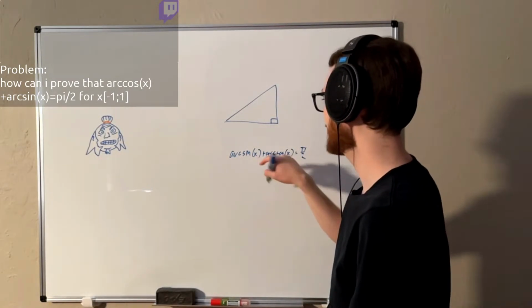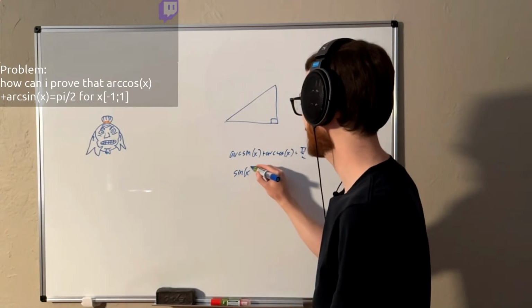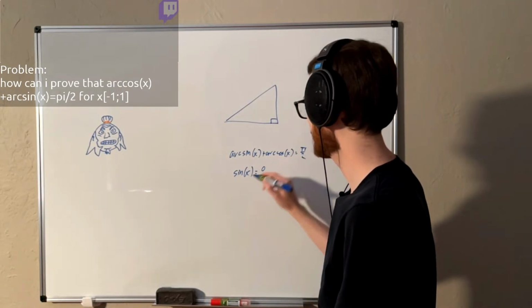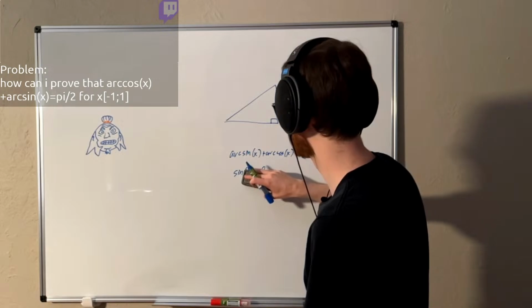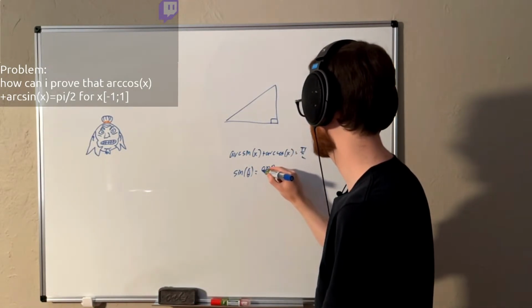So what we're plugging into each of these is, if we know sine of an angle, theta is a better word, sine of an angle that I'll call theta is opposite over hypotenuse.